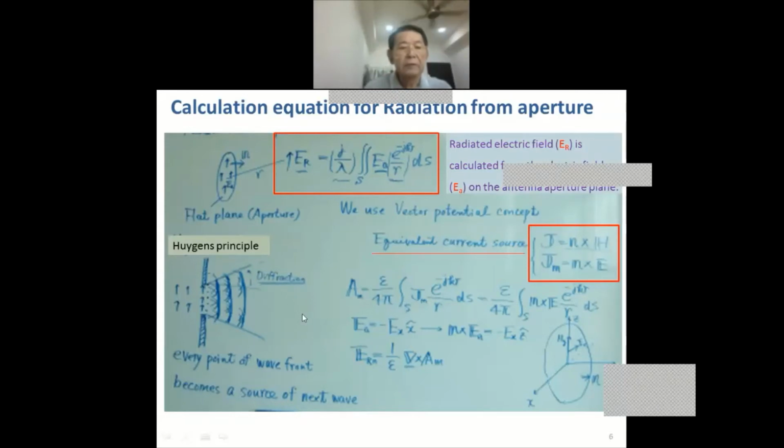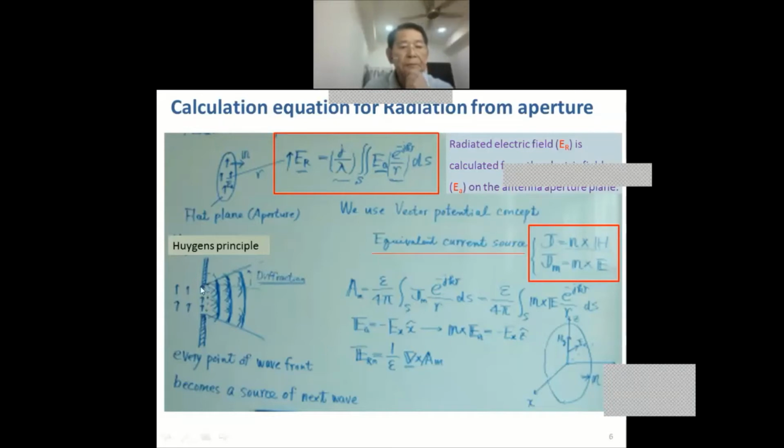So I think you already studied the Huygens principle. If there is a slit, and radiation electromagnetic wave comes through this slit space opening, then all points work as if they are a radiation source.